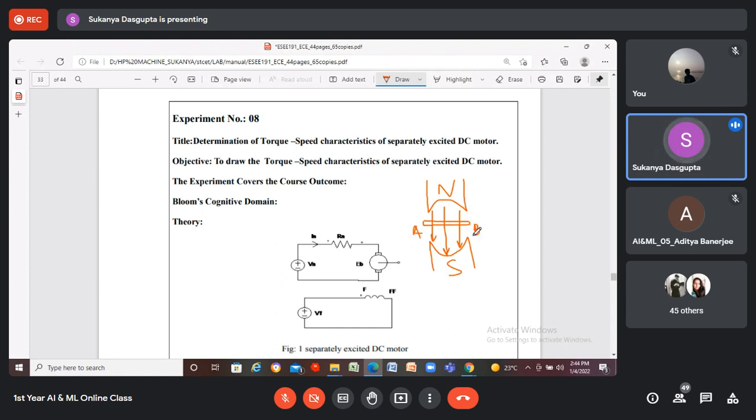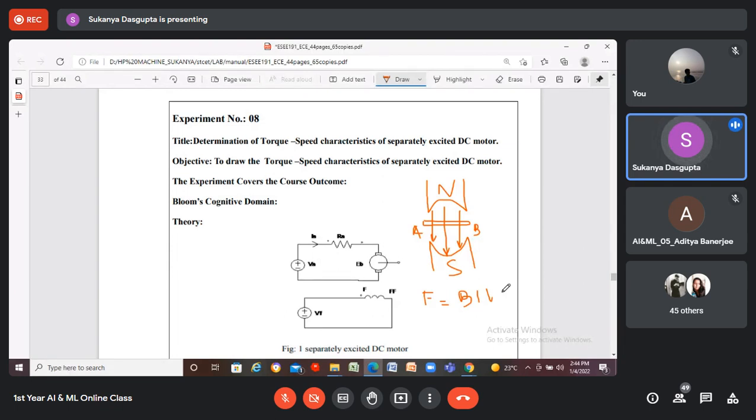AB is the conductor or a coil which is carrying current, right? So it will definitely experience a force, capital F, which equals B times I times L, where B is the flux density in Weber per meter square, I is the current flowing through the conductor in ampere, and L is the effective length of the conductor in meter. Right?